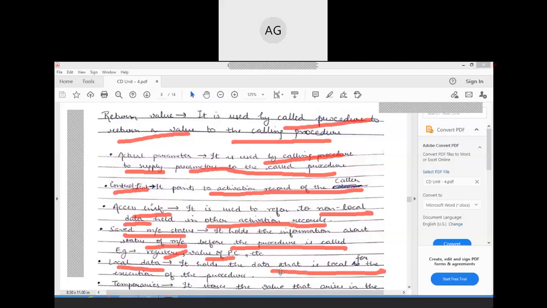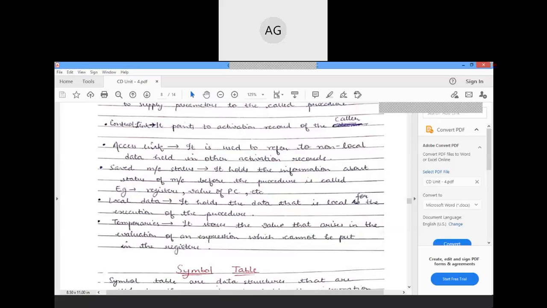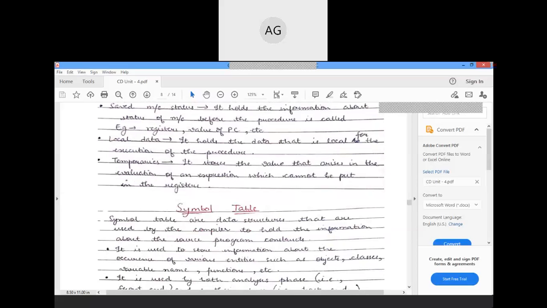It stores the values that arise in the evaluation of expressions which cannot be put into registers. As you know, in three address code we use temporary variables. So the temporary variables are stored in the storage location known as the temporaries.